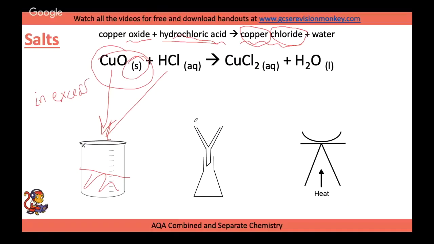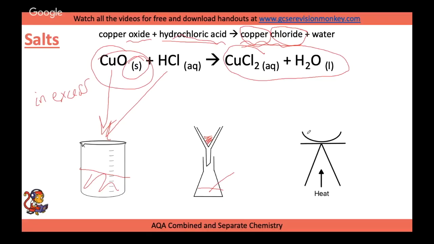Because you've got excess in there, you will then need to filter it using a conical flask, a funnel, and don't forget the filter paper in here, and that will collect any of the excess solid that you don't need. So in here, you should have your copper chloride solution, copper chloride dissolved in the water.